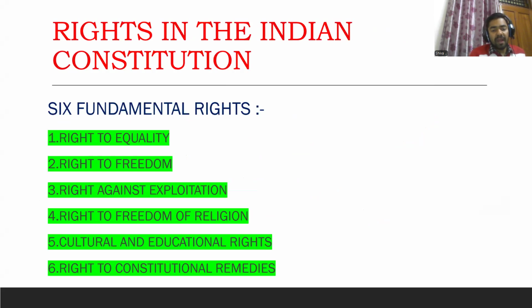So if we talk about rights in the Indian Constitution, if we talk about the original Constitution in 1950, there were 7 fundamental rights.